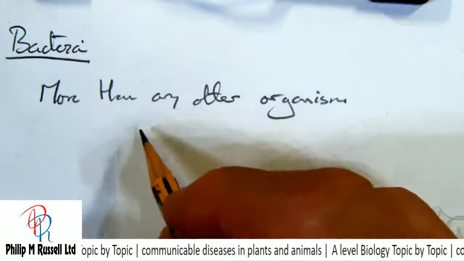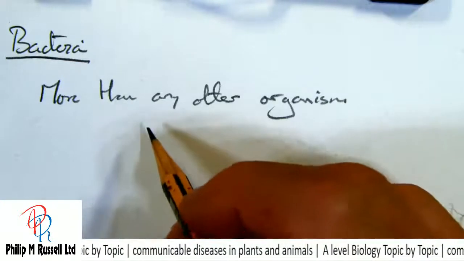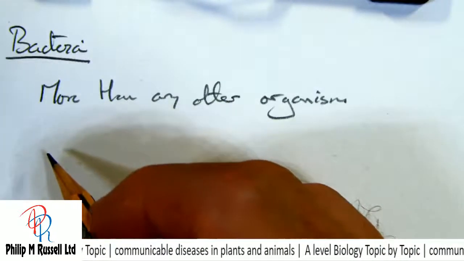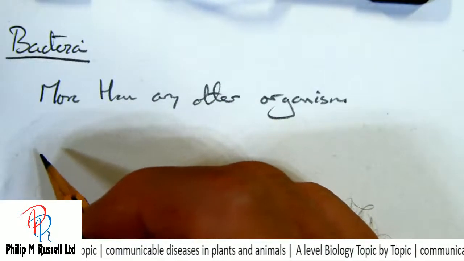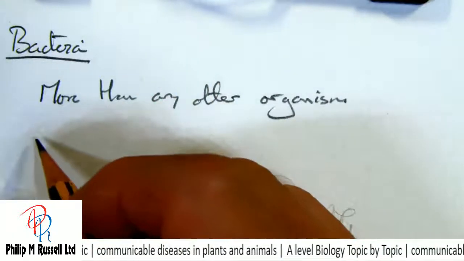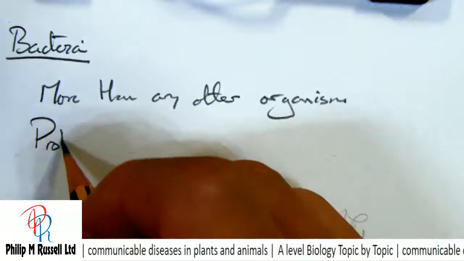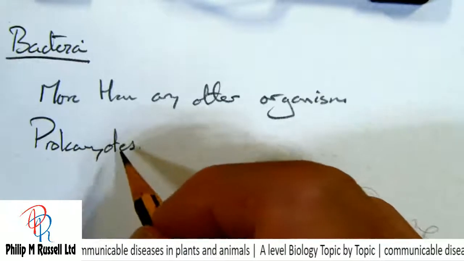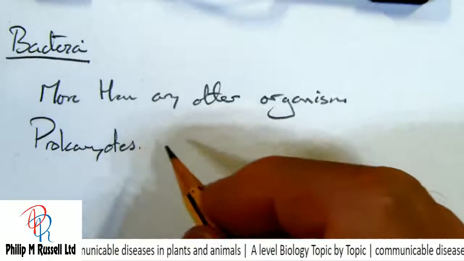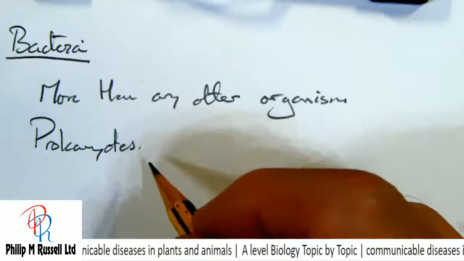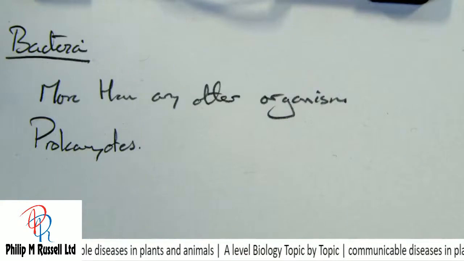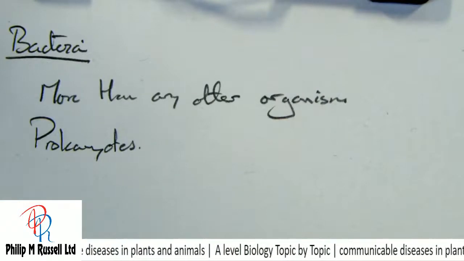Just a small proportion of these are pathogens, in other words, things that cause a communicable disease. So the bacteria here are prokaryotes. In other words, they have a single cell structure that's very different from the eukaryotic organisms that they're actually going to infect.